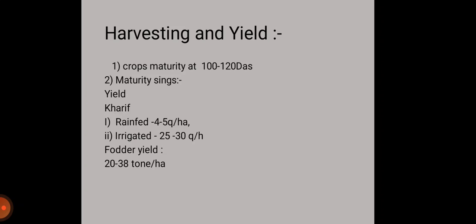Then the remaining part is the yield. For Kharif crop as a rainfed crop, 4 to 5 quintal per hectare yield is observed. Then irrigated, 25 to 30 quintal per hectare. For Rabi crops, 6.5 to 7.5 under rainfed conditions, and 20 to 25 quintal under irrigation.